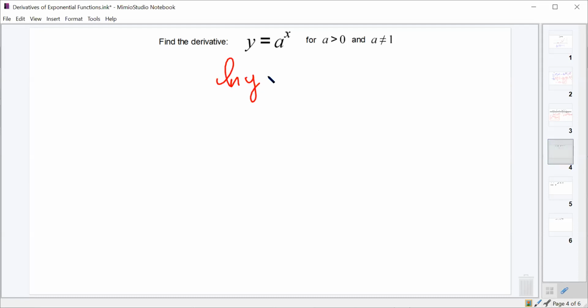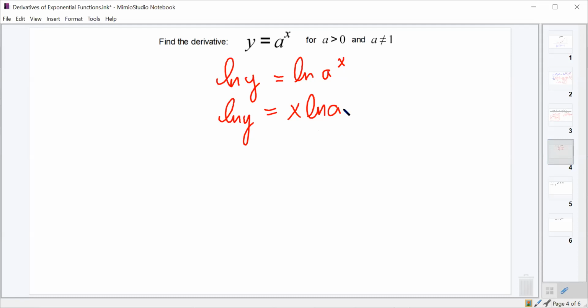Natural log of both sides gives us natural log of y equals natural log of a to the x. And is there a way to rewrite any of what's already written there? Can we rewrite natural log of a to the x as something? Put the x in front of that natural log.